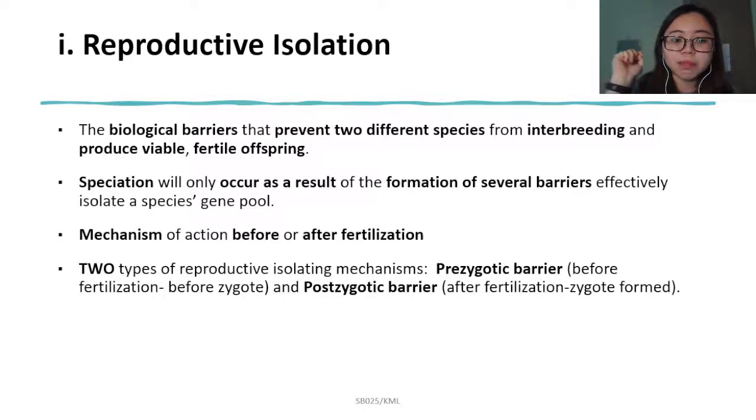Kategori pertama adalah prezygotic barrier, iaitu cabaran ataupun halangan sebelum pembentukan zygote. Dan kategori kedua adalah cabaran atau halangan kepada zygote yang sudah terbentuk itu. So, post-zygotic barrier and prezygotic barrier.